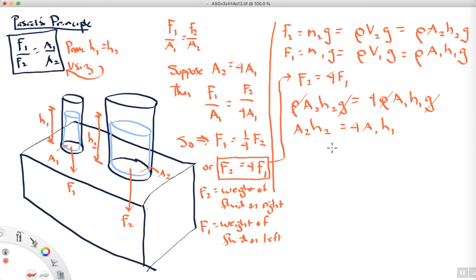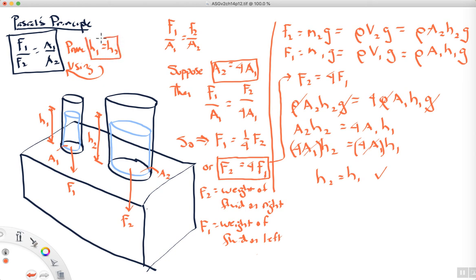Now remember that we assumed from the beginning that area 2 is 4 times area 1, so we have 4 times area 1 times H2 equals 4 times area 1 times H1. Notice I have a factor of 4A1 on both sides, so I cancel those out, and I'm left with H2 equals H1. Voila, that is exactly what I wanted to prove.